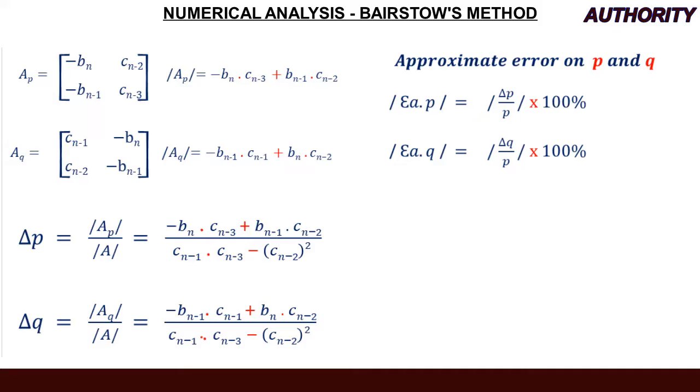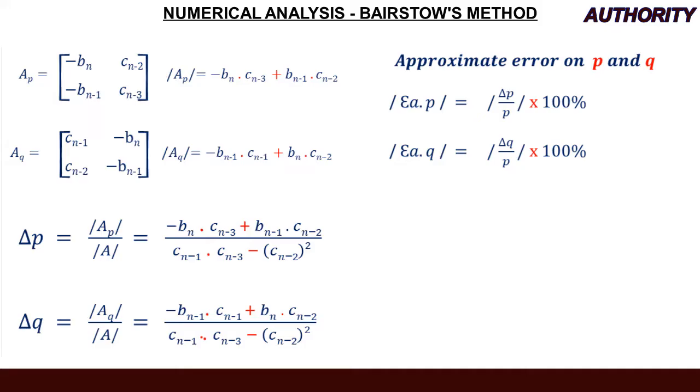Now, when we are talking about Bairstow's method, it will extract a quadratic polynomial of the form x squared minus px minus q. In Bairstow's method we continue to solve until we find the value of p and the value of q such that when you divide p of x by this extracted quadratic polynomial, the remainder is going to be 0.